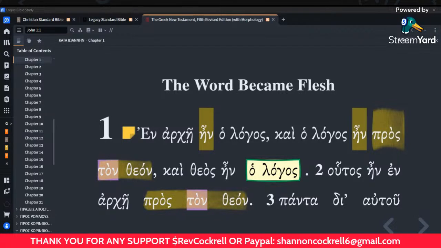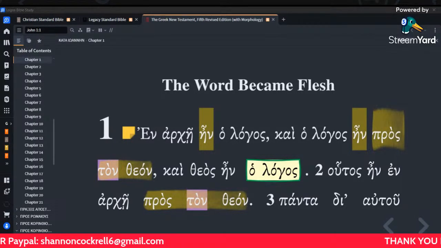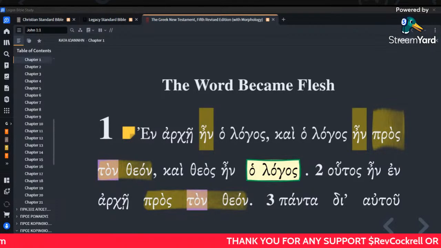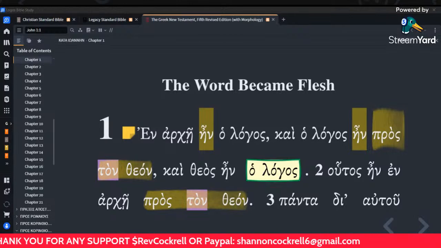How do we know? Because of the os ending. This lets us know this is nominative, masculine, singular. Case, gender, number. Nominative, masculine, singular.